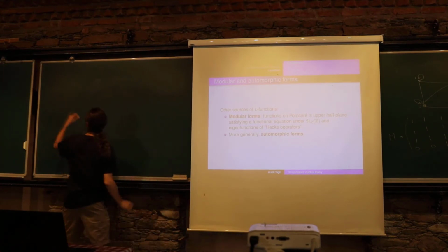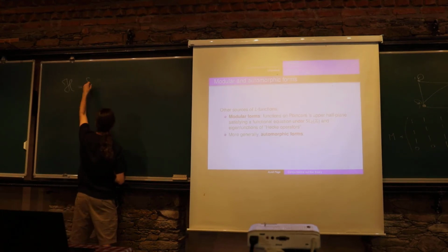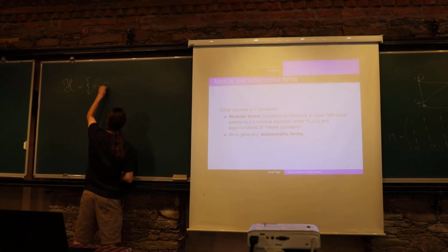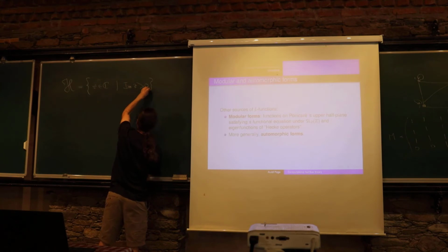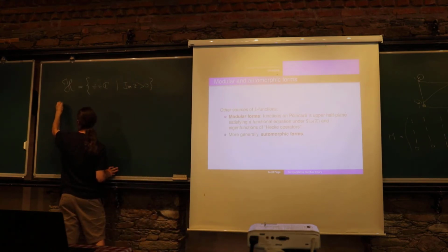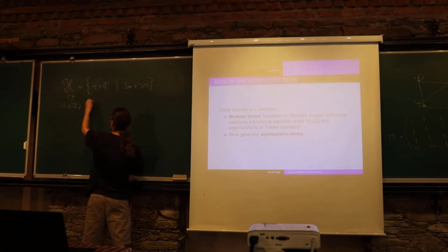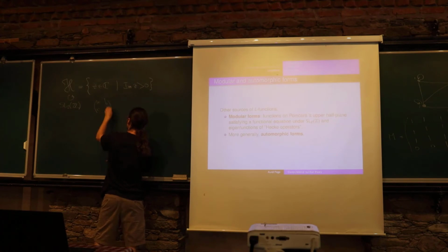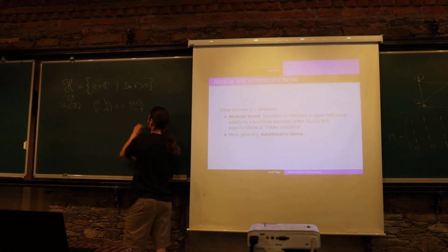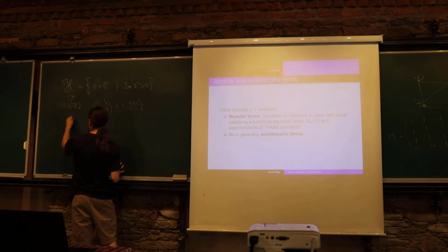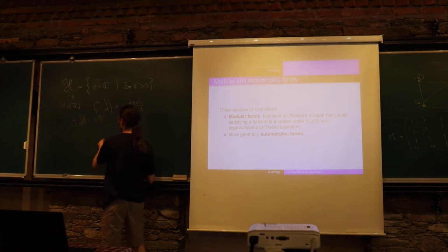You consider the Poincaré half plane, which is the set of complex numbers with a positive imaginary part, and you have an action of SL2(Z) on this by (a b; c d) acting on z as (az + b)/(cz + d). And a modular form is a function from H to C which is holomorphic.